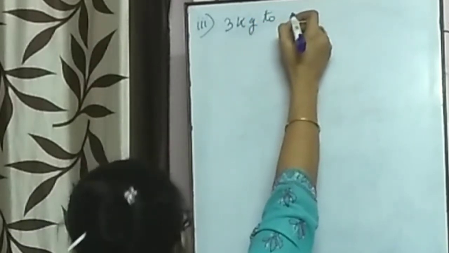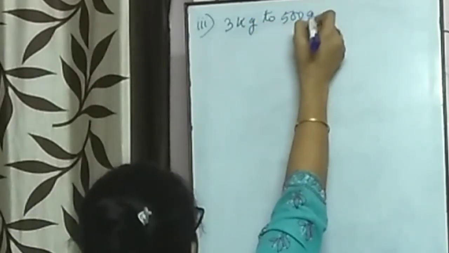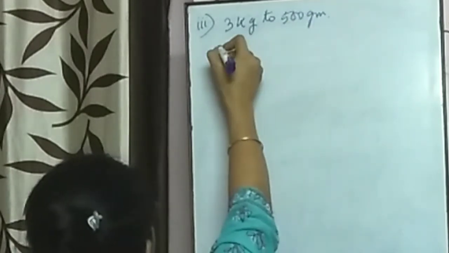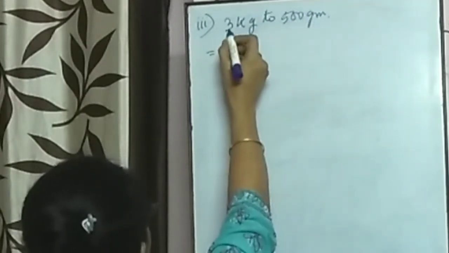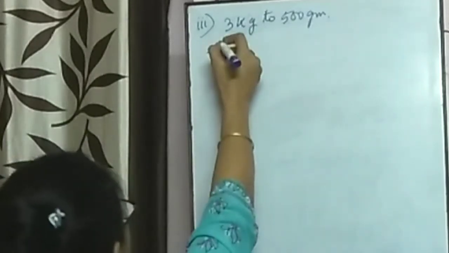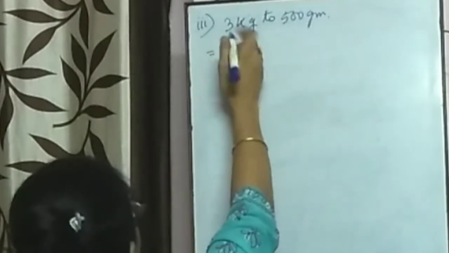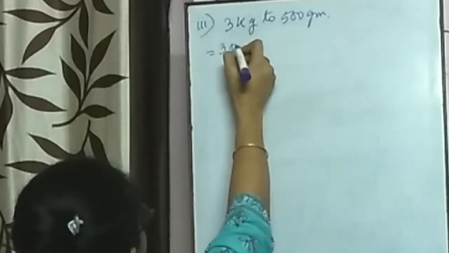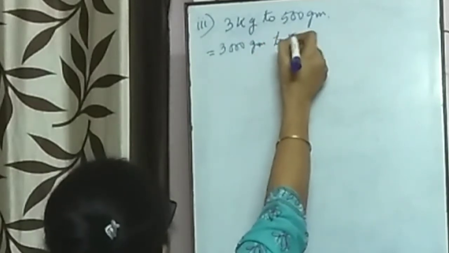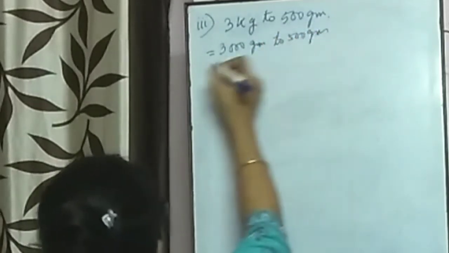To 500 gram. This kg and gram, this kg you convert into gram. So 1 kg is 1000 gram, therefore 3 kg you multiply by 1000, so it will be 3000 gram to 500 gram.